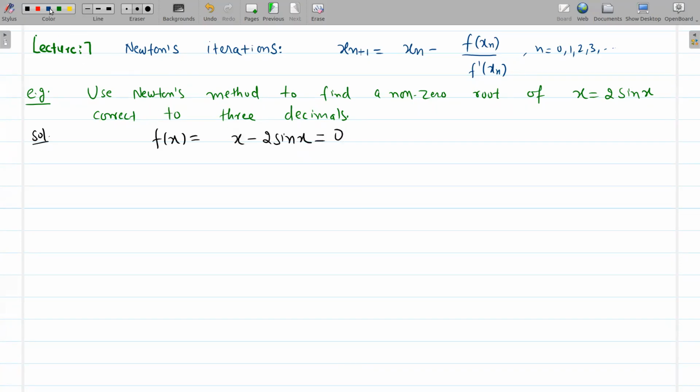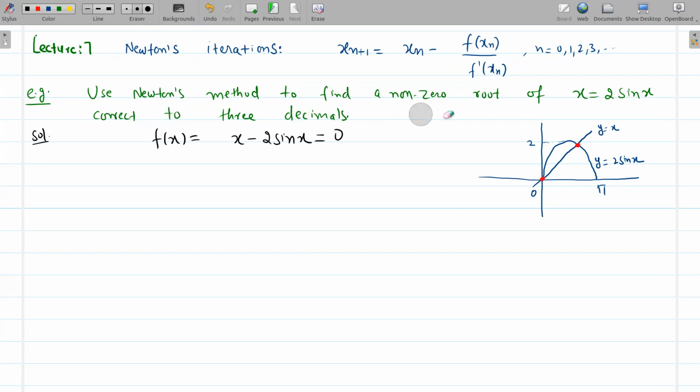If you draw both, 2 sin x will look like this, with height 2. It is the same as the sin x graph, just twice. And the line y equal to x, and this is one branch of 2 sin x. So x equal to 0 is a root, and this one is also a root.